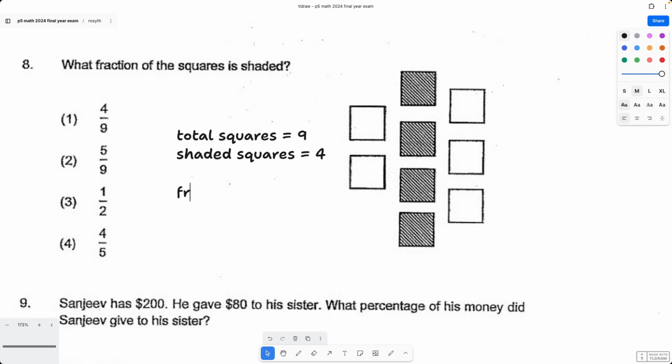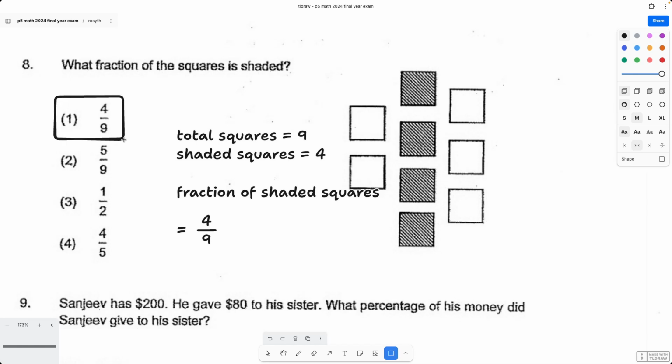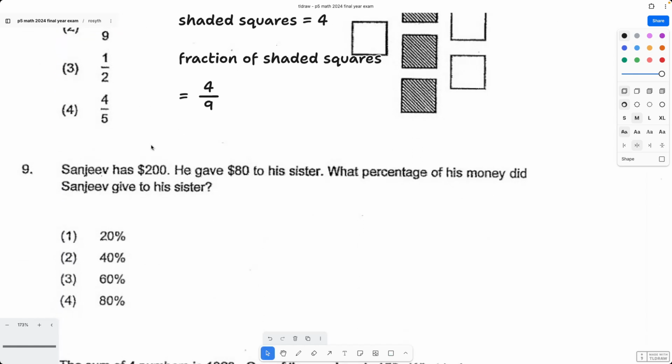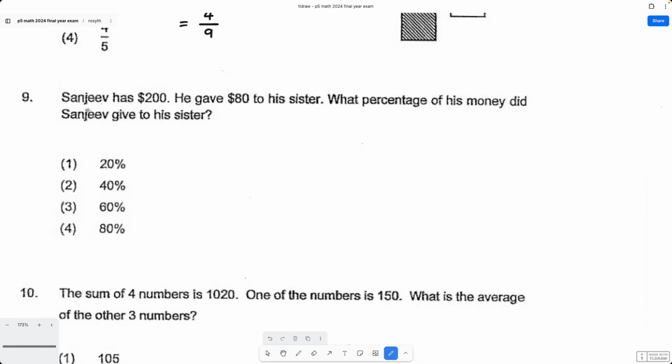So the fraction of shaded squares is equal to, in this case, 4 over 9. Okay, so I'm going to put the line over here. There you go. So that's the answer, 4 over 9. Can't really simplify that because 4 is an even number and 9 is an odd number. Alright, let's move on to question number 9.